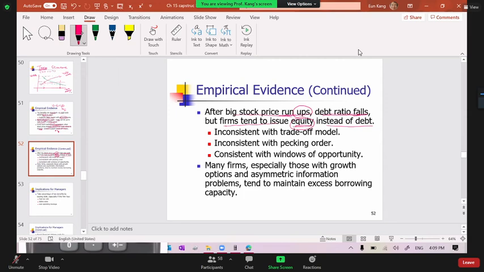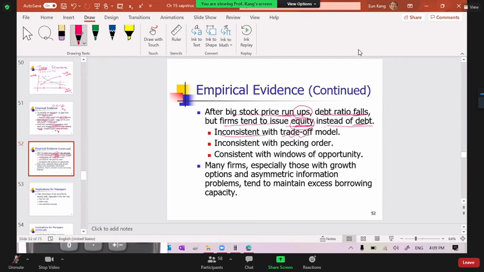So that is inconsistent with the trade-off model. They should borrow more instead of issuing equity. Price goes up, then to maintain the optimal capital structure, they should issue debt rather than equity.